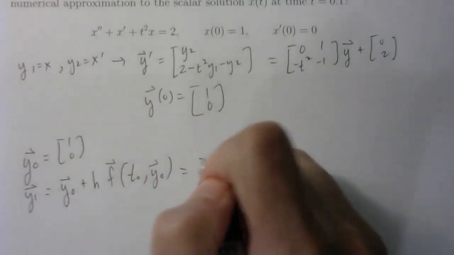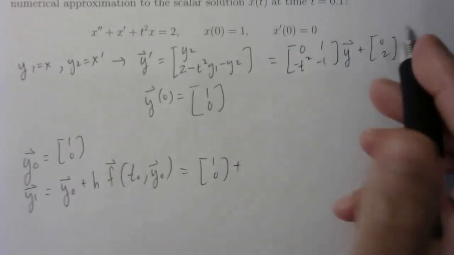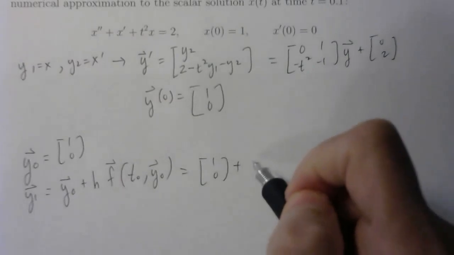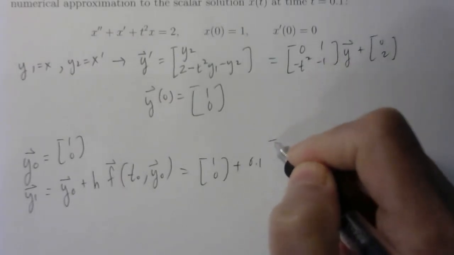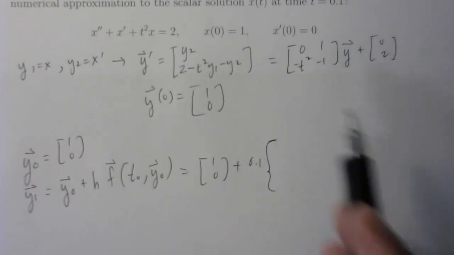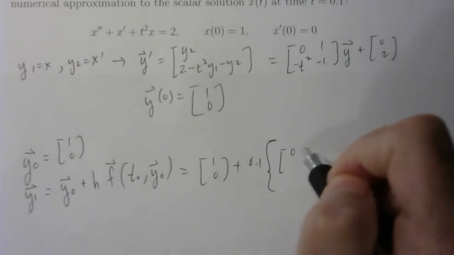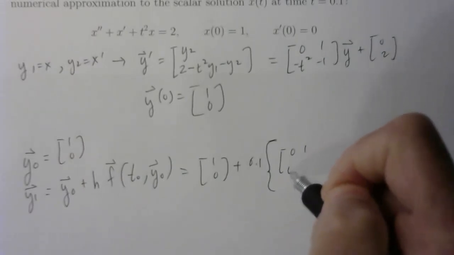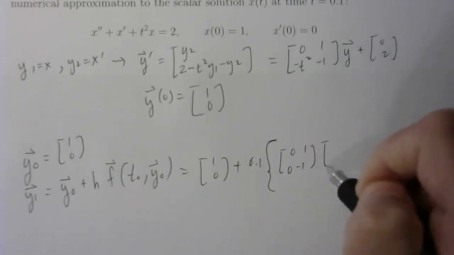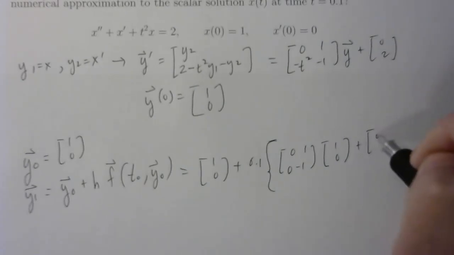Excellent. So this is 1, 0 plus, we said our h was 0.1. And then f is going to be this function upstairs, right? F is 0, 1, t0 is 0, minus 1, y0 is 1, 0, plus 0, 2.